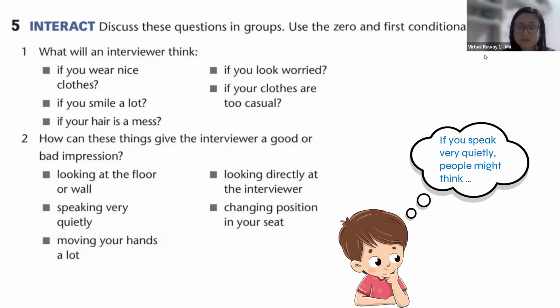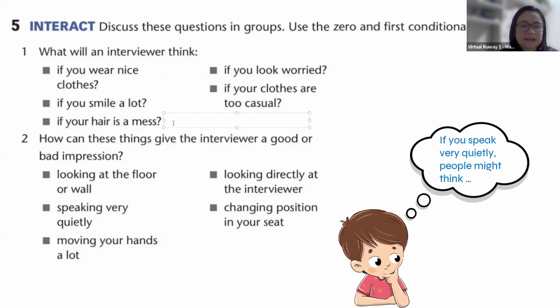Maybe, maybe yes. Okay. If your clothes are too casual, the interviewer is not interested in the job, maybe. Yes, that's right. It's a possibility, right? Good. We're mentioning possibilities.